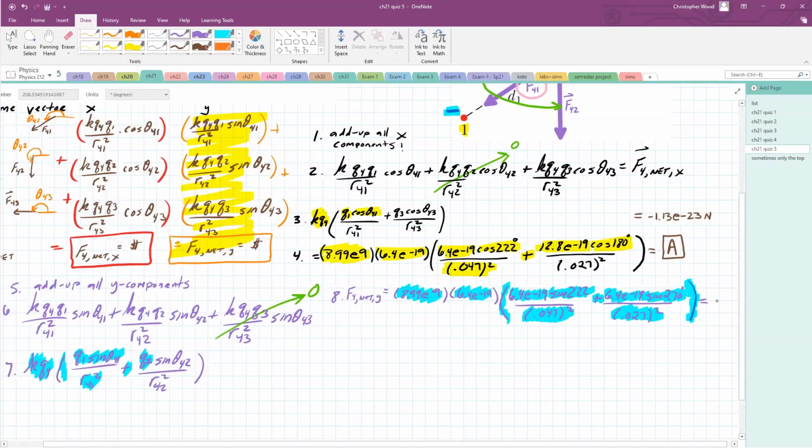Calculator memory location B. Store alpha B. Going to do it again.